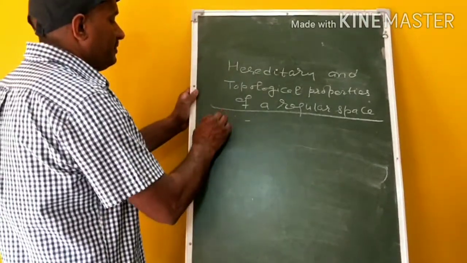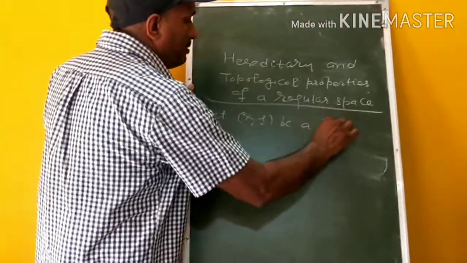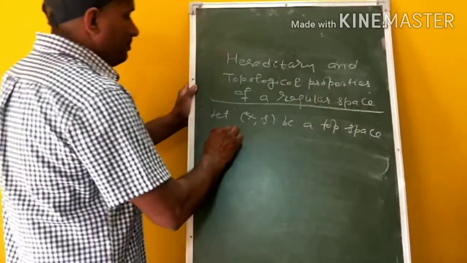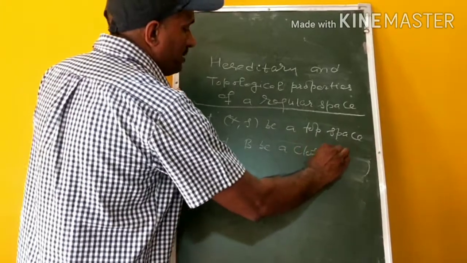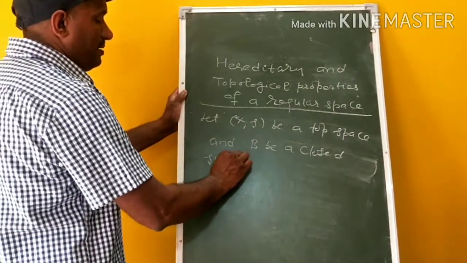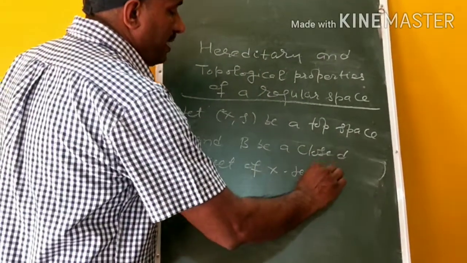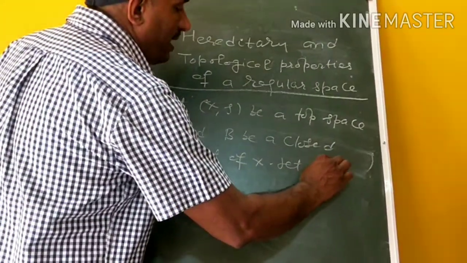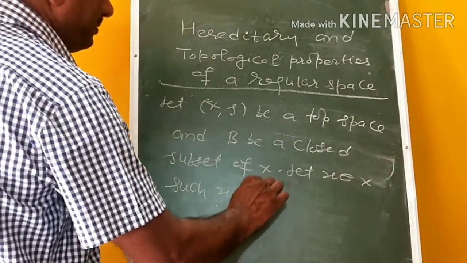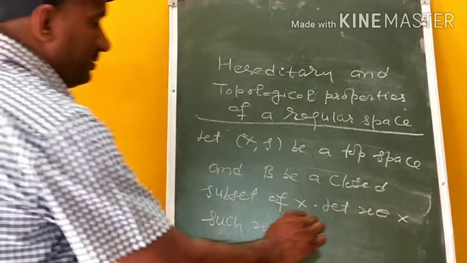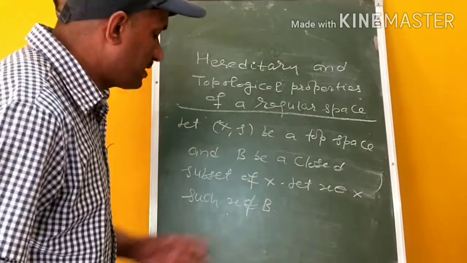Let (X, T) be a topological space and B be a closed subset of X. Let x be a point from X such that x does not belong to B.